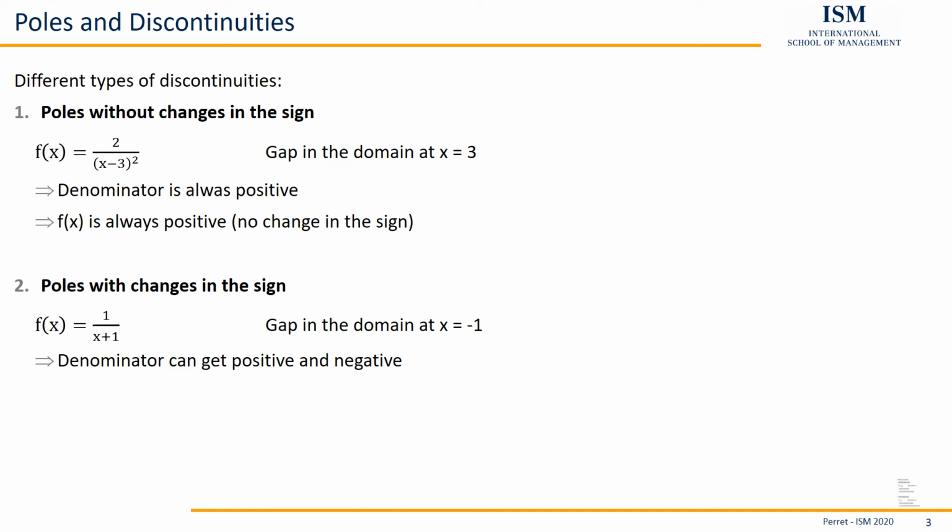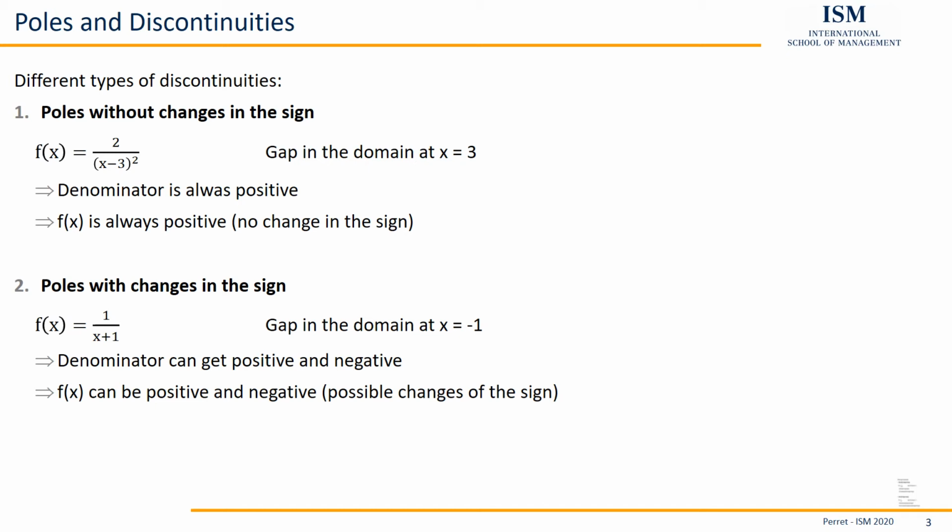If we get there from the left, for example, minus 2, we get minus 1. So it's negative. So if we approach this gap from the left, we move toward minus infinity. If we move toward this gap from the right, we move toward plus infinity. So this is a pole with a sign change.